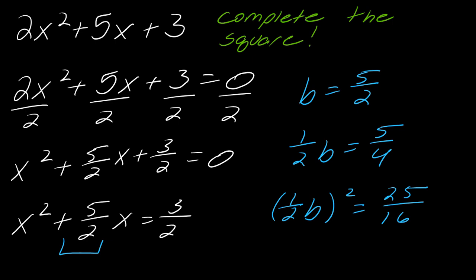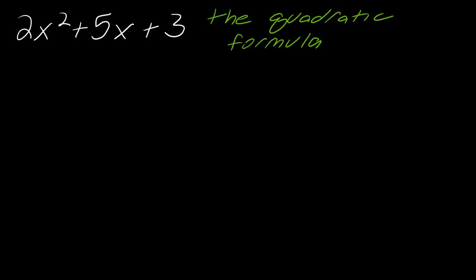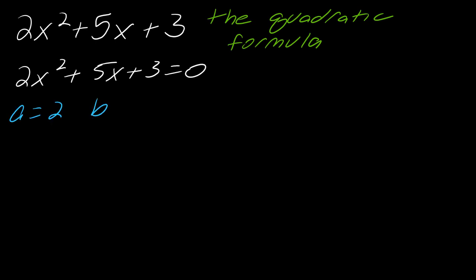And so this might be a case where completing the square is not the best, versus maybe the quadratic formula would have been ideal for you, because looking at this, if I set this up as a quadratic equation as 2x squared plus 5x plus 3 equals 0, well, then my a will equal 2, my b will equal 5, and my c will equal 3, and then I can just plug that in.